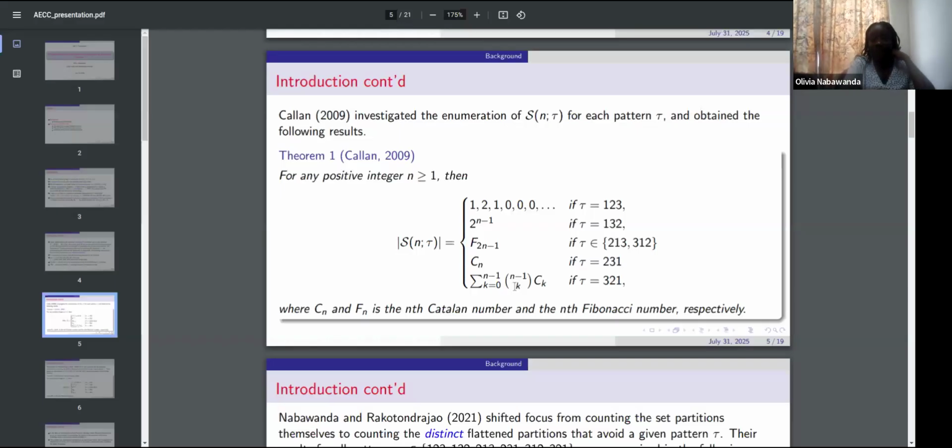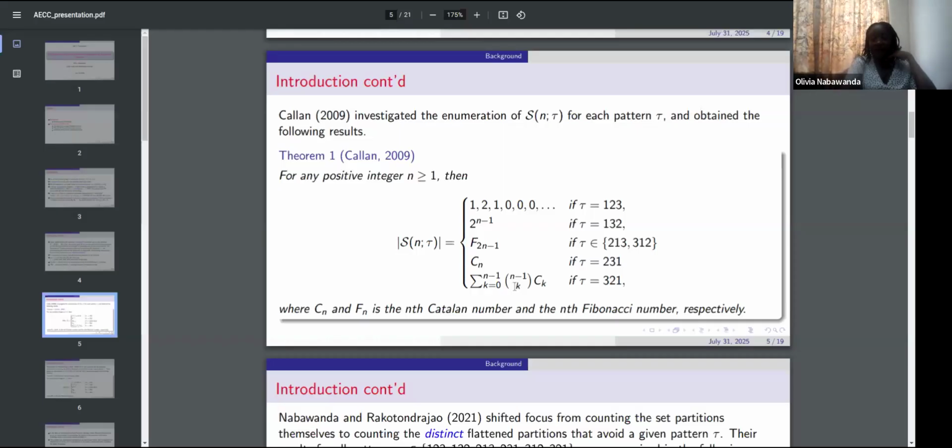Still for the 1, 2, 3 pattern, we had a trivial counting sequence. For 1, 3, 2, it was just a sequence of ones. For 2, 1, 3 and 3, 1, 2, we had a power of 2. For pattern 2, 3, 1, we had a Motzkin sequence, Motzkin numbers.